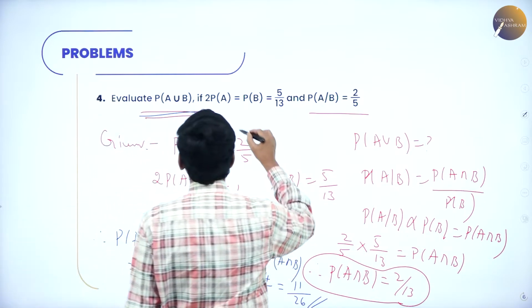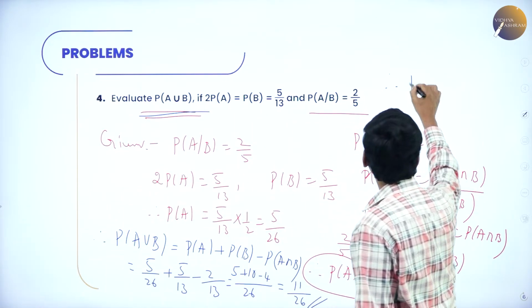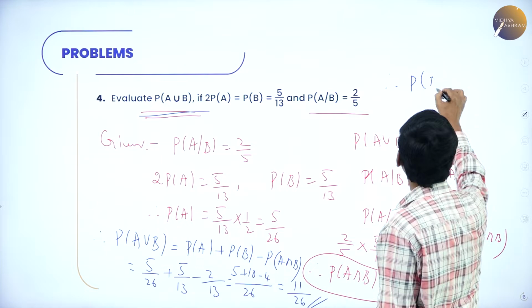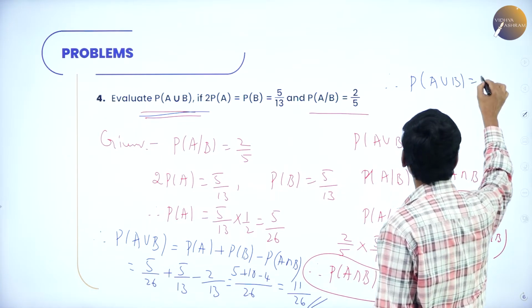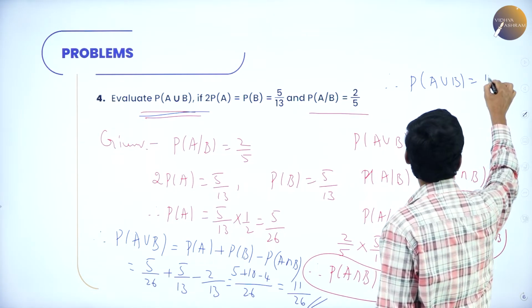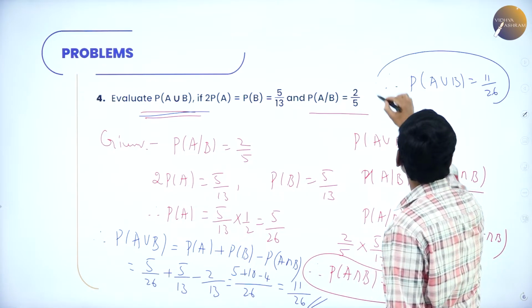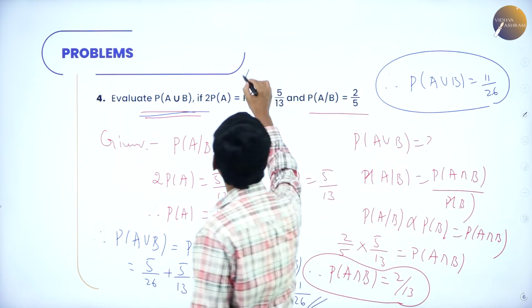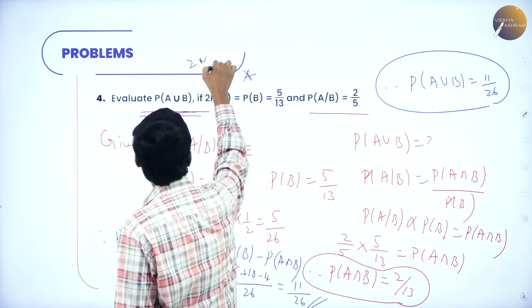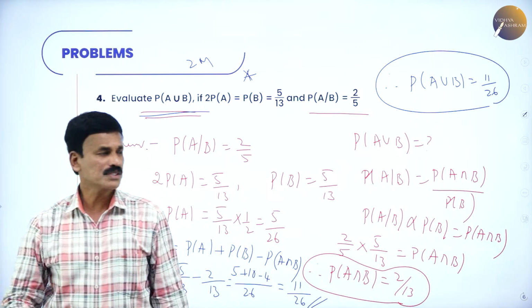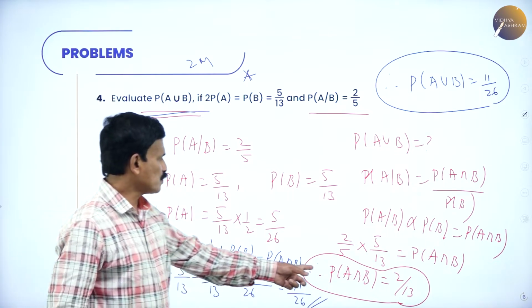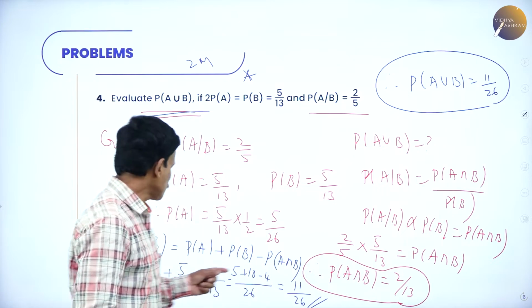So therefore probability of A or B is equal to 11 divided by 26. So this is a very important problem indeed for 2 marks. Okay, very simple. So here first find out the probability of A and B. Substitute here.